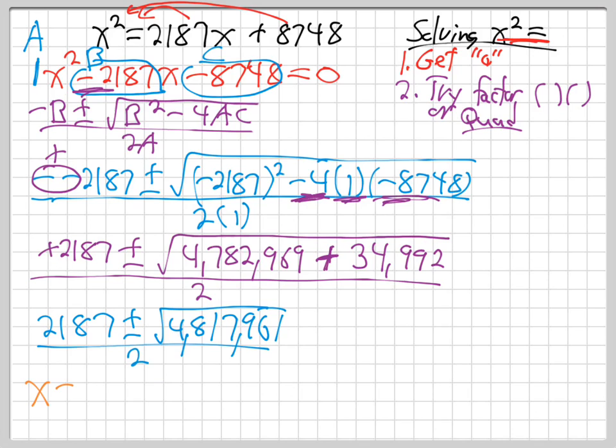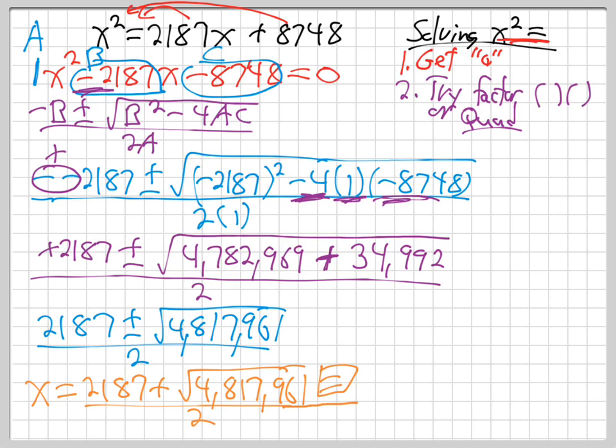So the first one is going to be the 2187 plus the square root of 4,817,961 over 2. So make sure when you put that in your calculator, make sure you hit equals when you're done with the numerator before you divide.